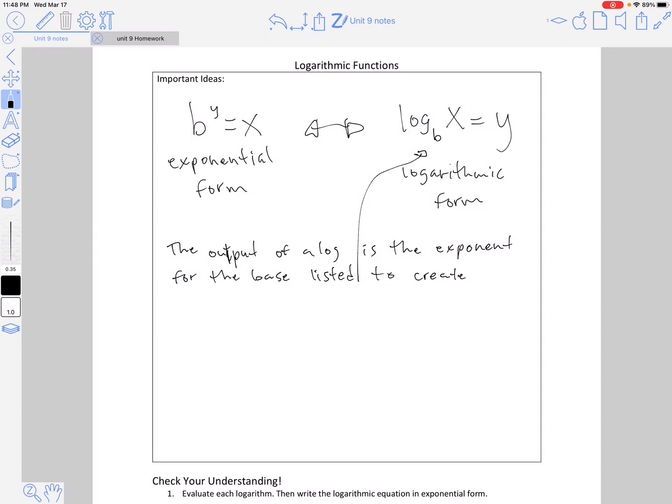So the output of a log is the exponent for that base listed to create the answer.